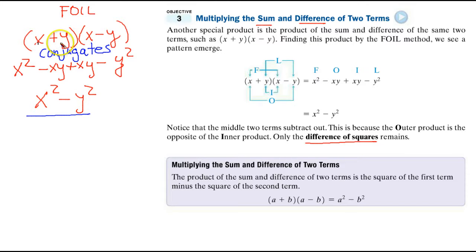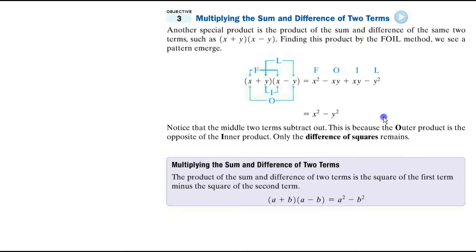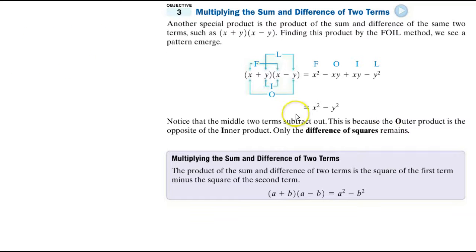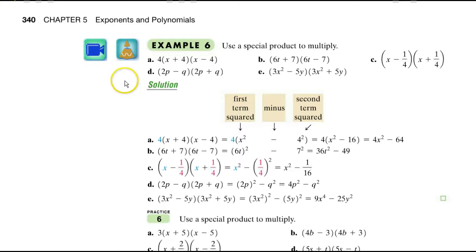Conjugates, it's the very same terms, but opposite signs. Now, when you see you have difference of squares, that will factor into their conjugates. So again, we're trying to prepare you for what's coming. So these ought to be pretty easy.